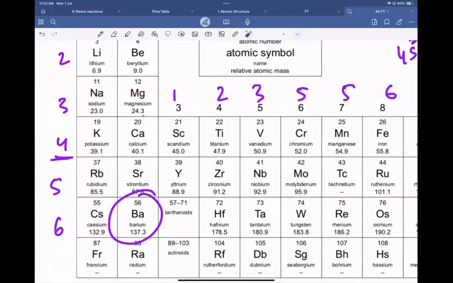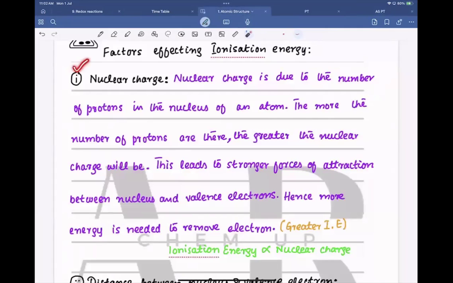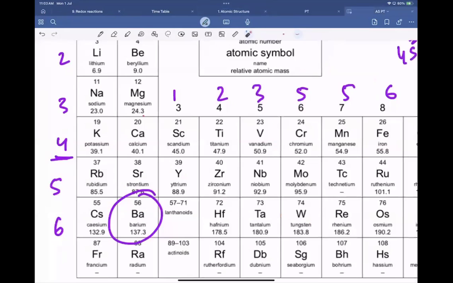So before telling you this, what you said is that down the group ionization energy decreases, right? Yes, sir. And that is true, it decreases. But right now you are just considering this one factor. If I apply this factor over here, the ionization energy would be increasing, but I am neglecting the other factors. Yes.